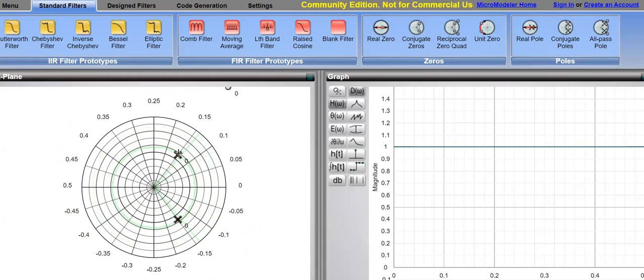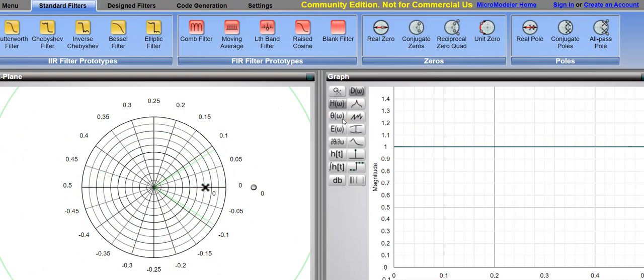As you can see, here is the pole, and there is the zero. I can put it on the real axis as well, and you can see that whenever we change the pole location, it will also change the zero location.